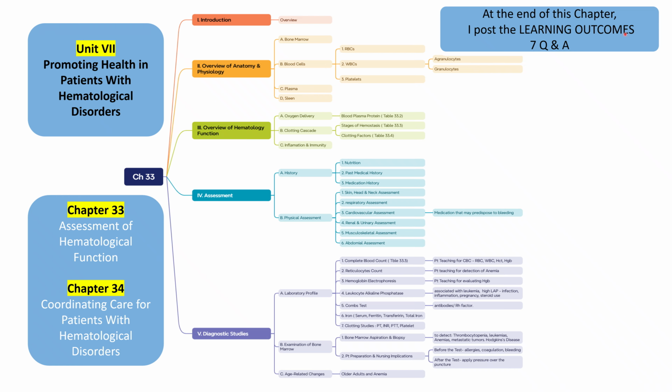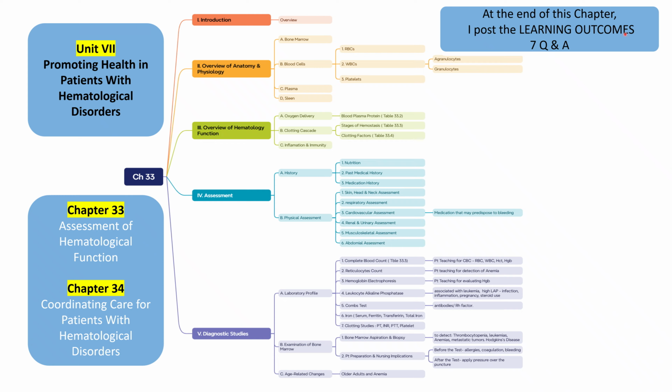So the hematological system is composed of the blood cells, lymph, and organs involved with blood function or blood storage. The blood is the transport medium for oxygen, nutrients, and other substances in the body.